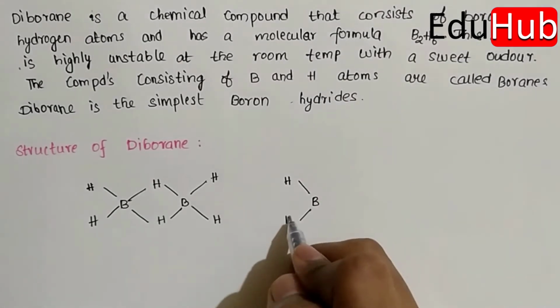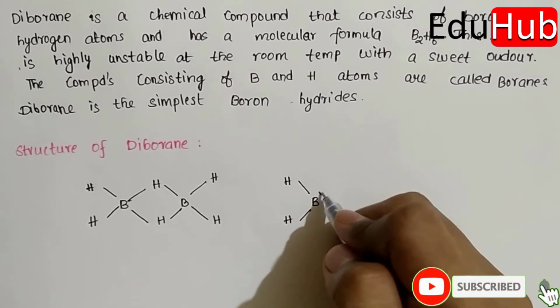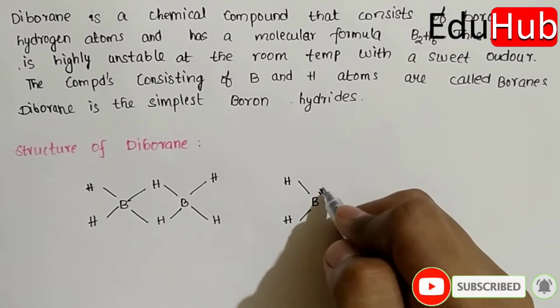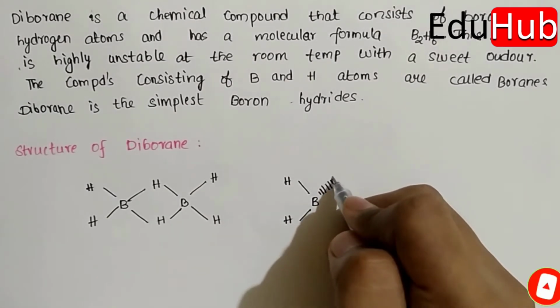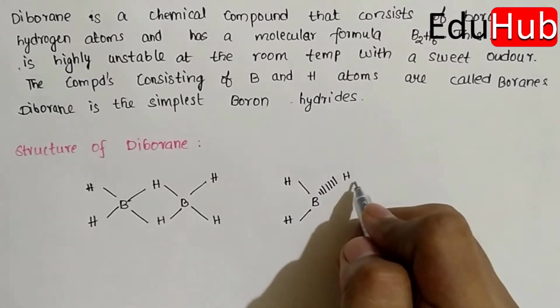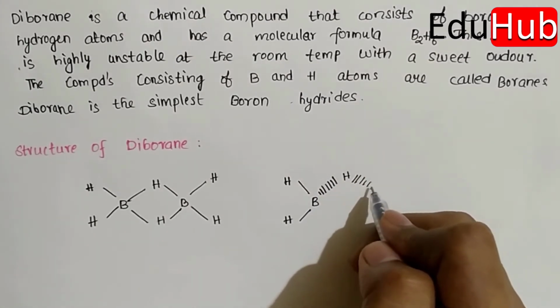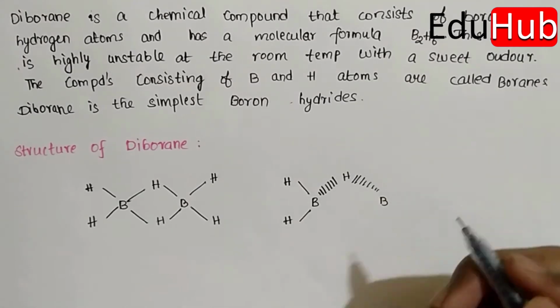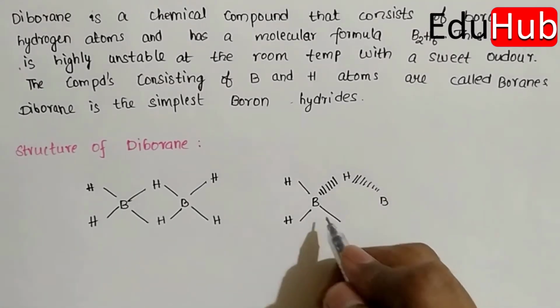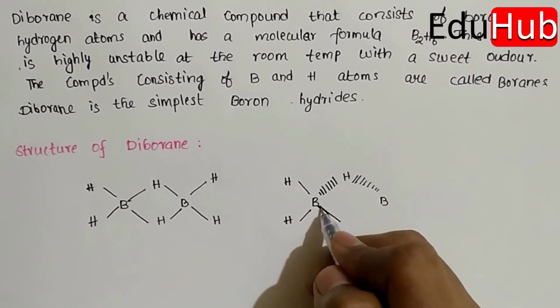H and H. This is outside of the paper. Let me indicate it with a broken wedge. And towards us, let me indicate it with a solid wedge.